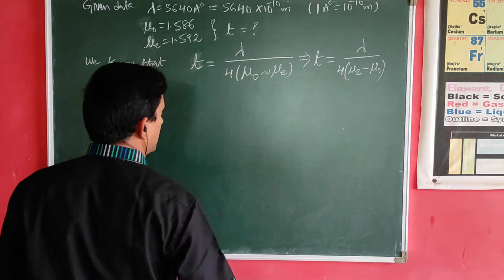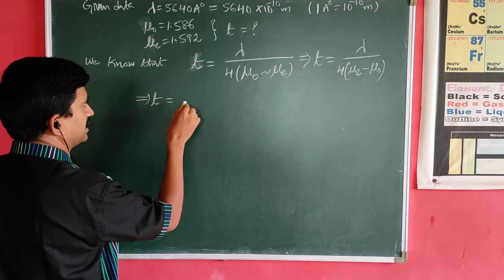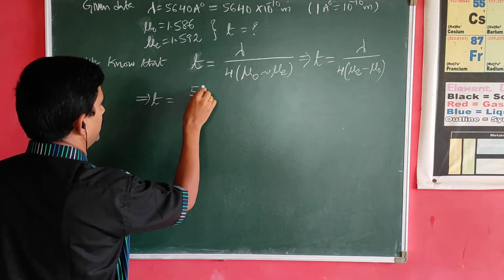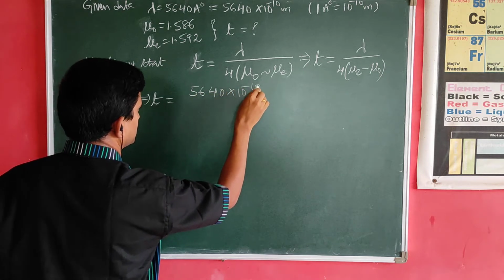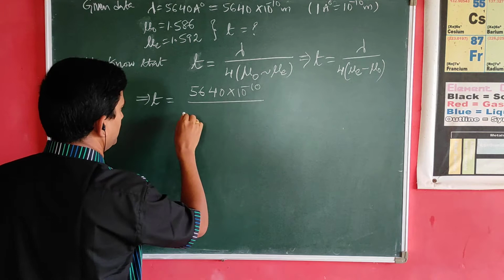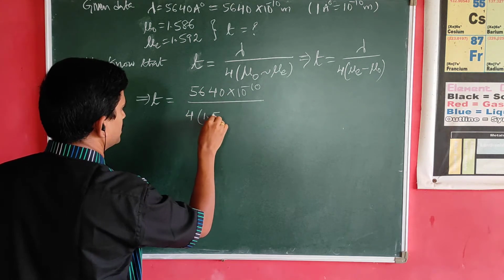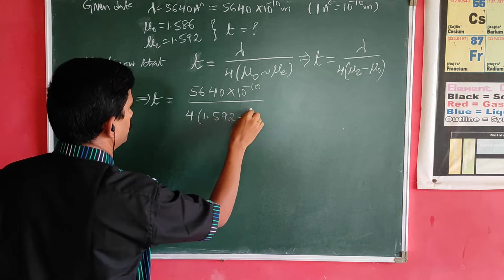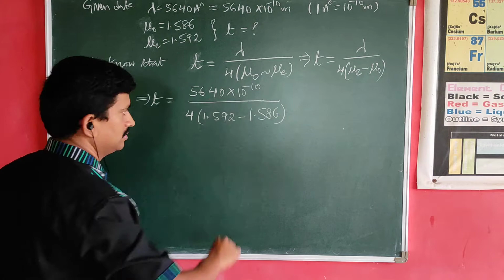Now substitute all the values in the given formula. That implies thickness t is equal to 5640 into 10 power minus 10 divided by 4 into mu E, that is 1.592, minus mu O, 1.586.